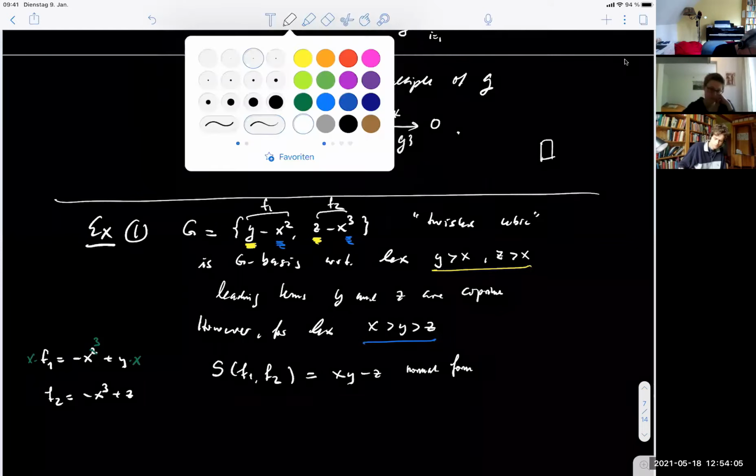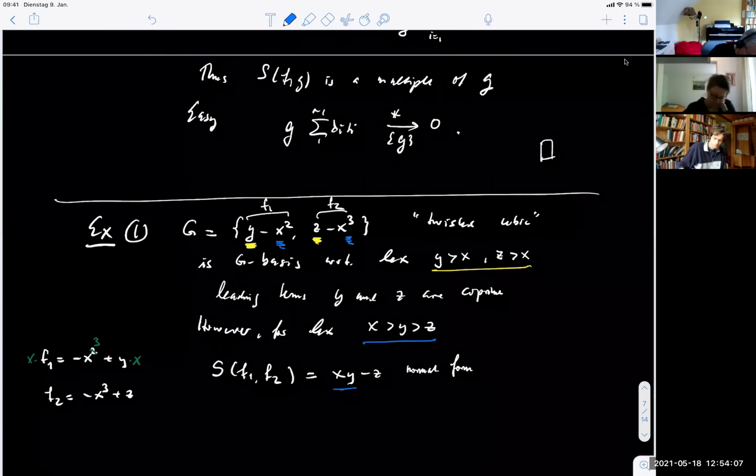Why? Okay, the leading term is xy, and it is not divisible by x cubed and is not divisible by x squared. So this is a leading term, and so it's non-zero.